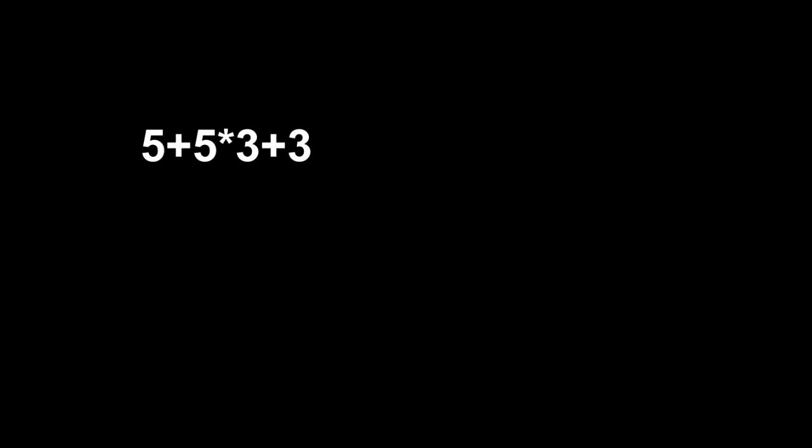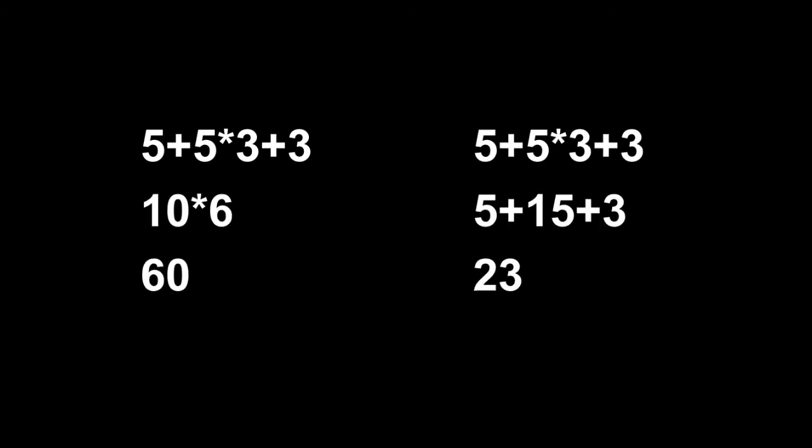Well, let's take an example here. Let's say that I type out 5 plus 5 times 3 plus 3. Now you may say to yourself, I want to calculate 5 plus 5 and 3 plus 3 first, to give me 10 and 6, and then I want to multiply those to give me 60. But actually the interesting thing, if you remember from grade school, there was this thing called PEMDAS, or you might remember Please Excuse My Dear Aunt Sally.